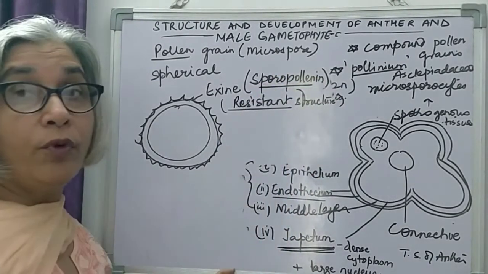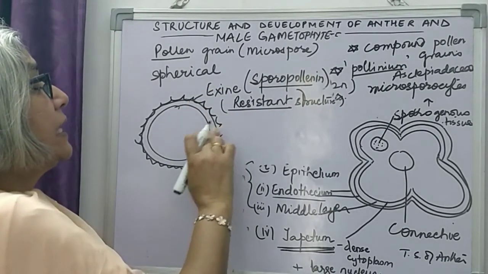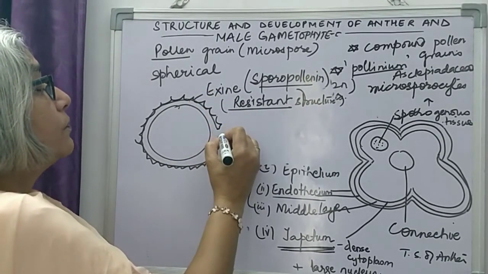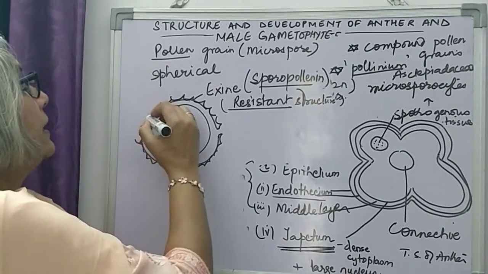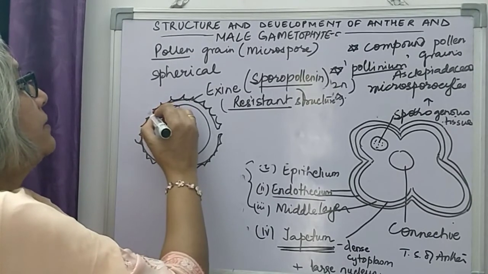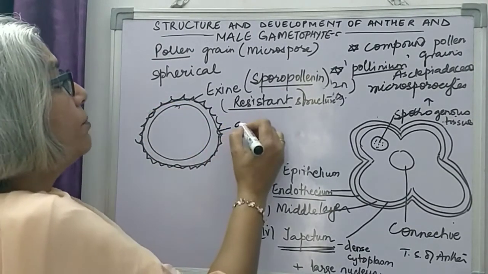Now sometimes in the exine there is a break in certain regions, and these regions are called the germ pores.